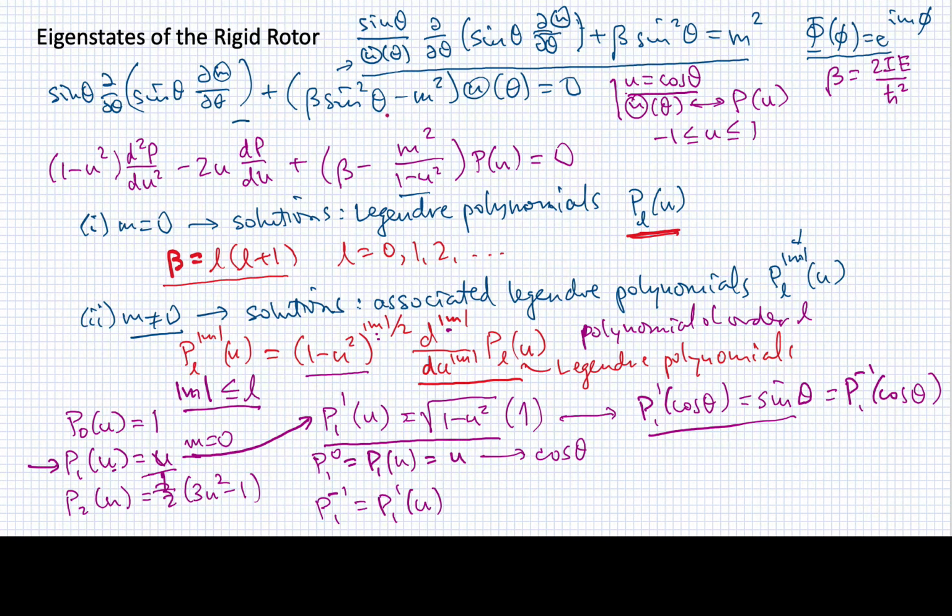Now I'm going to move on to the next page so that we can talk a little bit more about the energy eigenvalues. All right, so we've found from analyzing this equation that the values of beta must be equal to L times (L plus 1), where L is equal to 0, 1, 2, 3, and so forth. Now, we also know from our substitution in the original differential equation that beta is equal to 2IE over h bar squared.